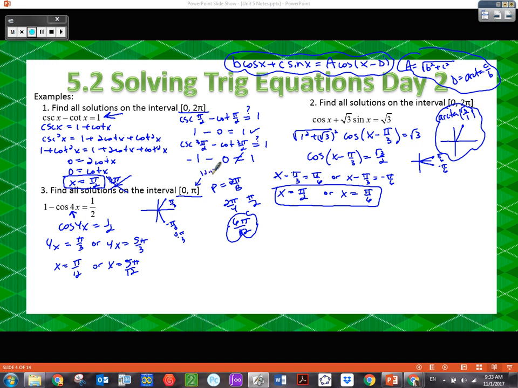So that's what we're looking for, right? That's what I need to do with fractions. I need to make it so it makes sense, right? 12 pi over 12. So if I do 1 pi over 12 plus 6 pi over 12, I get 7 pi over 12. That's definitely in here, right? 0 to 12 pi over 12. I have to include that solution, or I'm going to lose part of my answer.